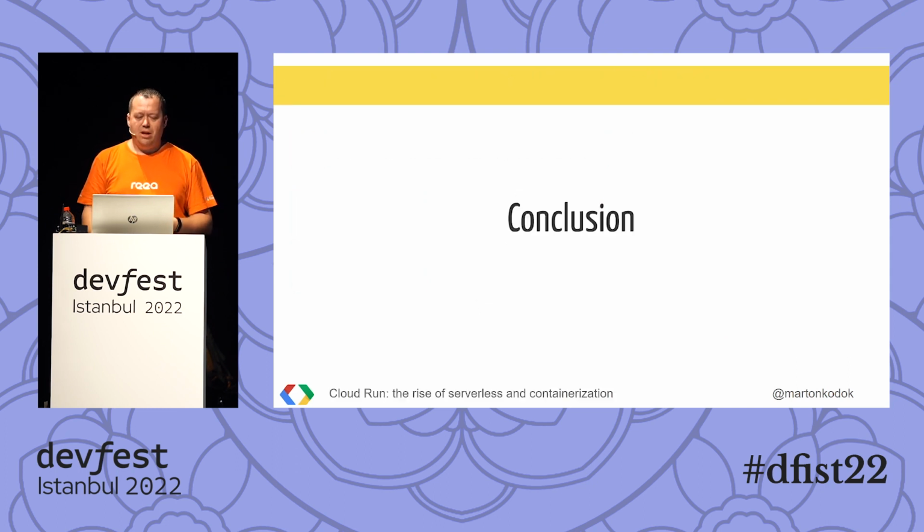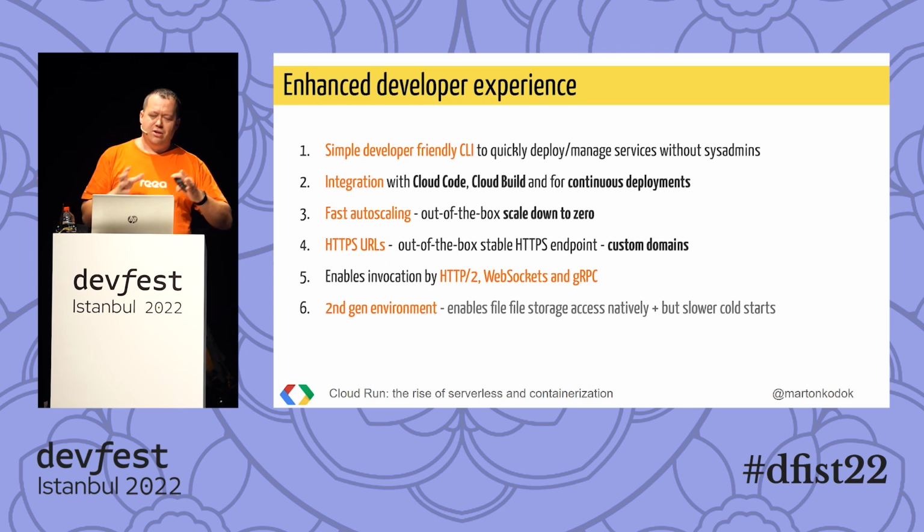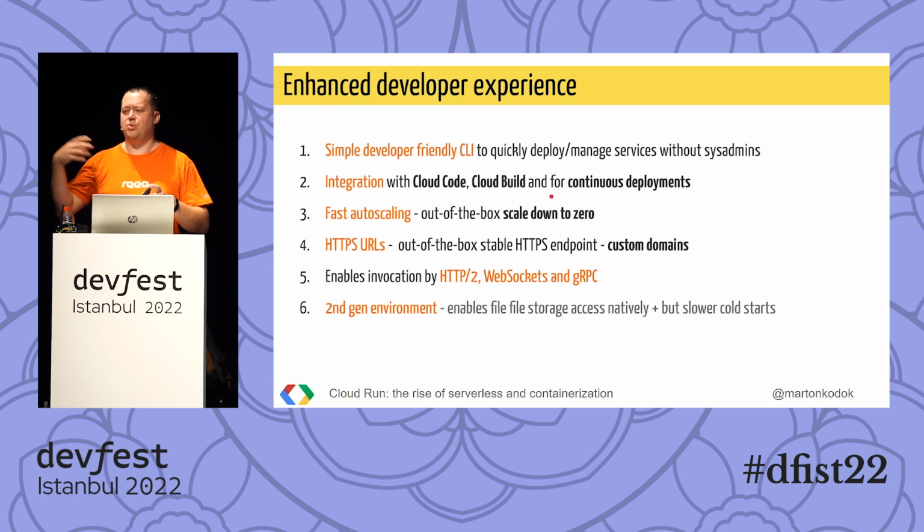Conclusions. Enhance developer experience. As I mentioned, different cloud vendors need different concepts for it. Google Cloud has a developer-friendly CLI, and as a developer you don't need a sysadmin. It can integrate with Cloud Code and Cloud Build for continuous deployment, so you can push to Git, and GitHub Actions enable you to automatically publish to Cloud Run, all this kind of stuff.